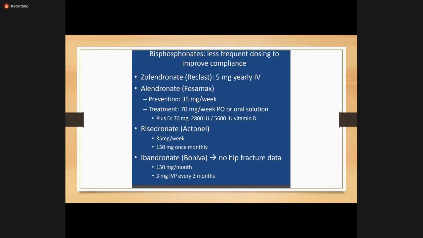But among the bisphosphonates, ibandronate is the weakest, and studies regarding hip fracture prevention are very much limited. So I personally do not prefer this drug if the patient is having osteoporosis, although it prevents vertebral fractures, but not hip fractures. So not a good choice.